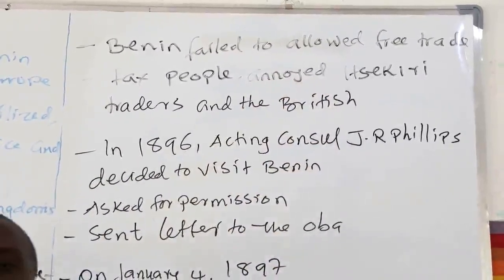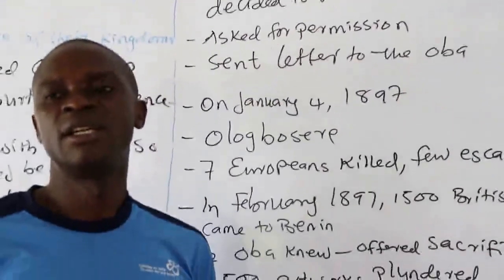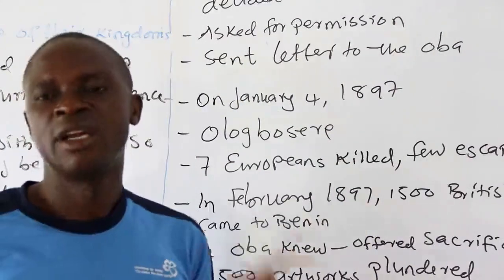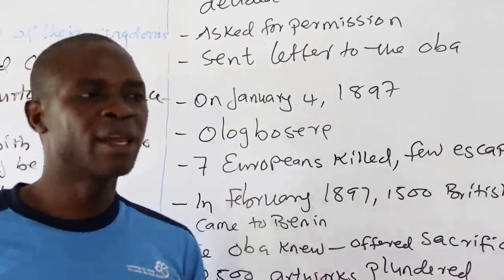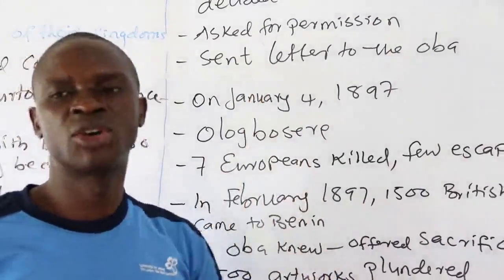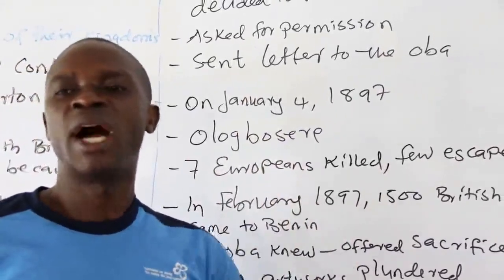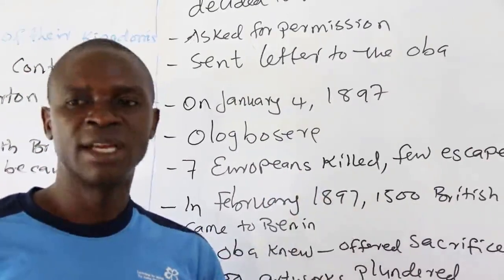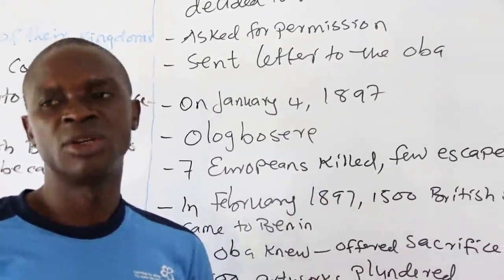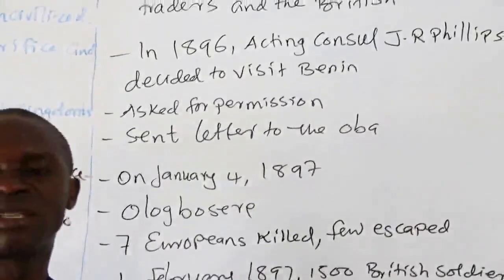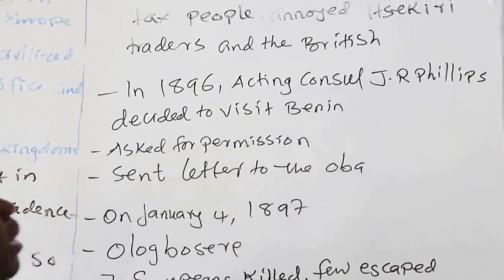But unfortunately, after signing the treaty, the Oba refused to allow free trade in his own kingdom. All the markets were still under his control. And those articles that he was asked to allow other traders to participate in, he still monopolized as royal articles. So there was no free trade area in his own market.